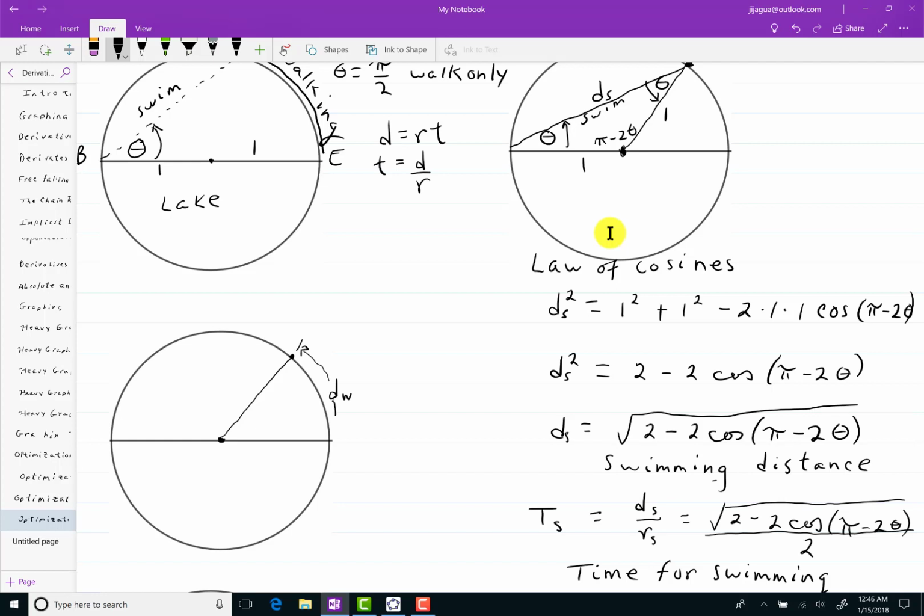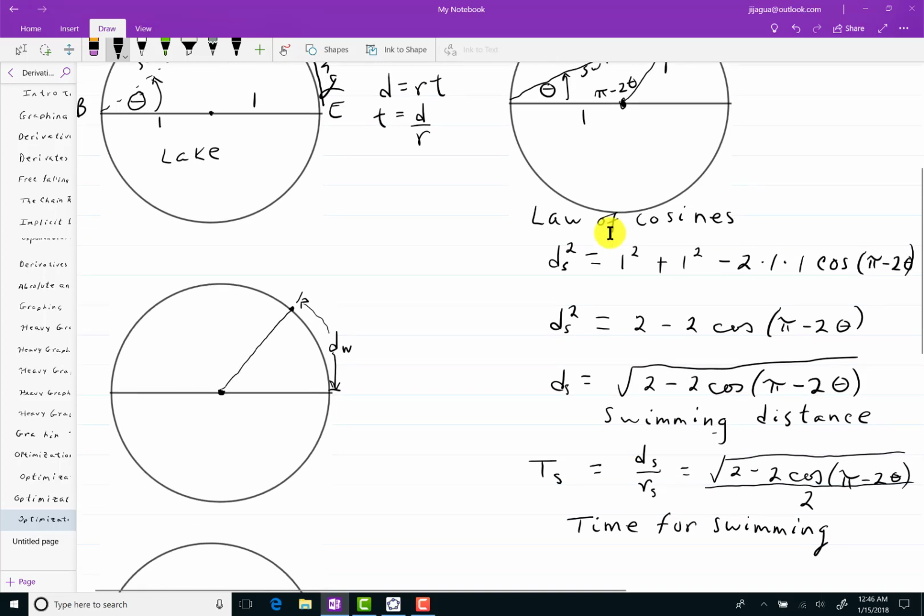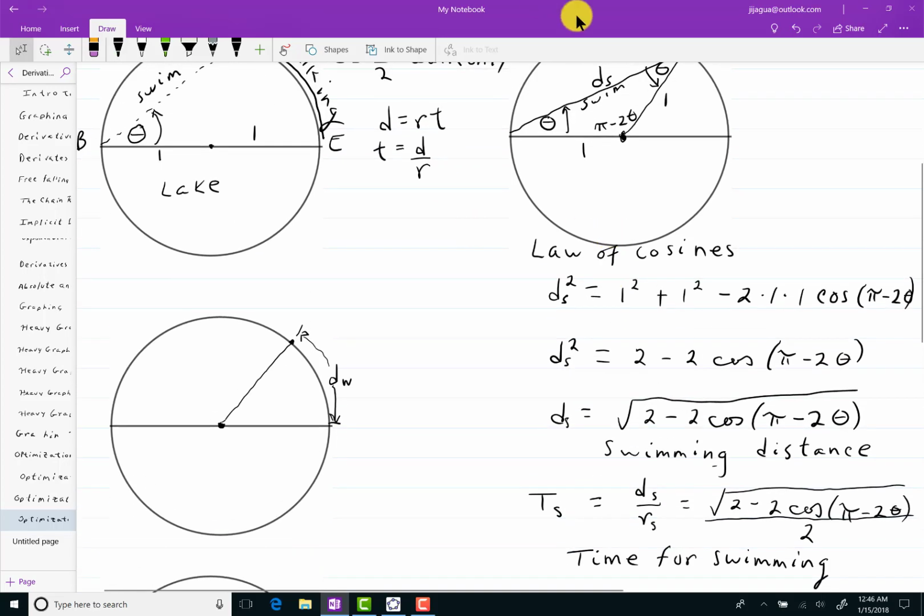And notice that that is an arc length. Now, here's another thing too. Notice right here, this angle is pi minus 2 theta, but it sits on this angle, and this angle plus this angle here add up to be pi, so that forces this angle to be 2 theta.